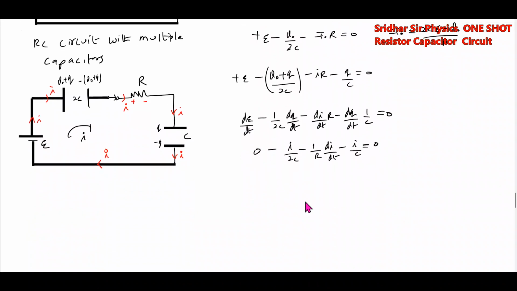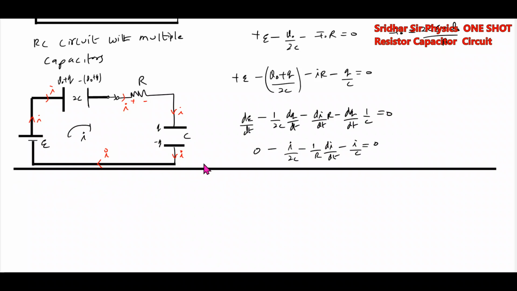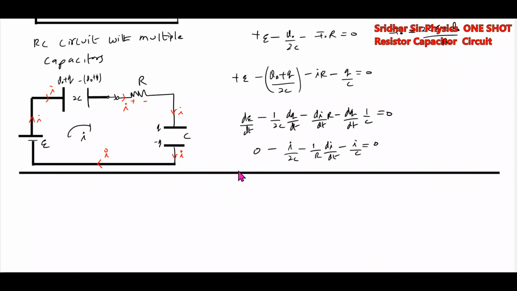Now further we'll solve it. I'll put bounds here, it will be easy for you. Further simplification will be 3I by C equal to di by R dt, with capital R here, or di by I is equal to dt by RC, with the negative sign here.